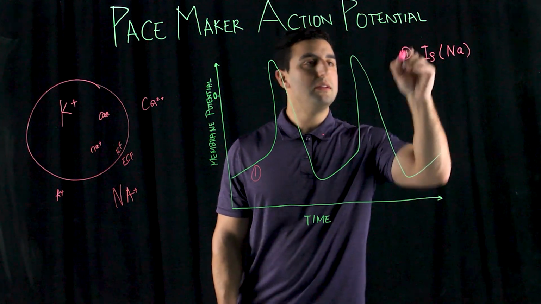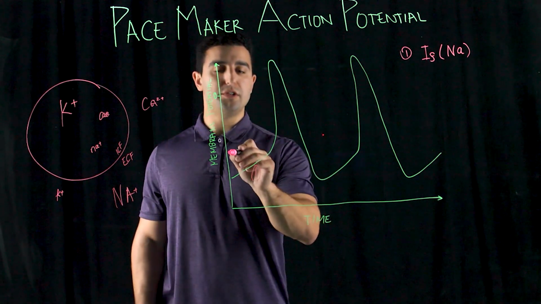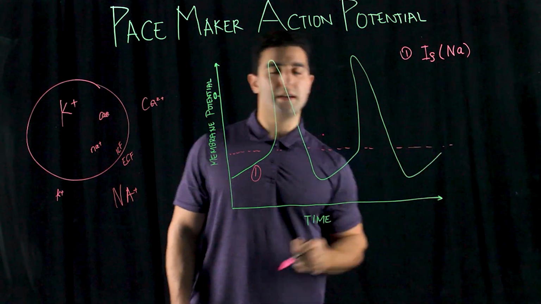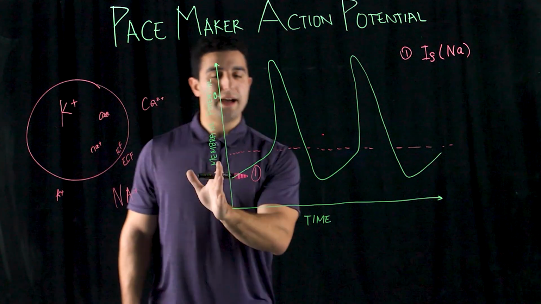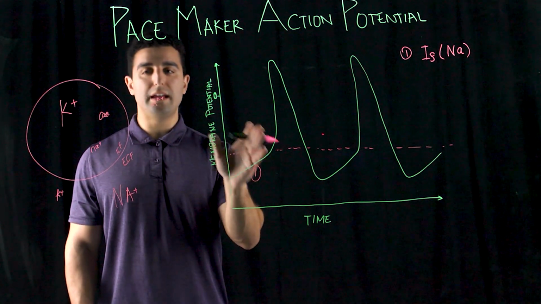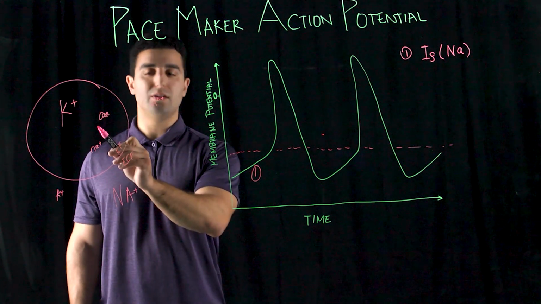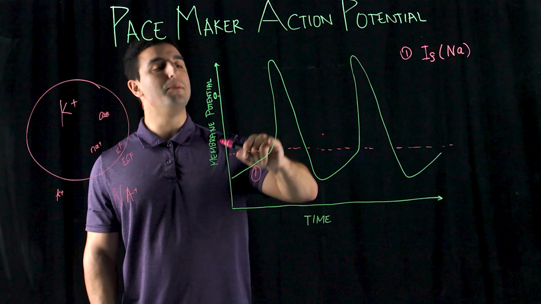And so at 1, sodium channels open, in order to reach this little threshold that I just drew. So the sodium channels open, and you have an influx of sodium, because you have more sodium on the outside going into the cell. Remember, a passive process. And this causes depolarization, right?